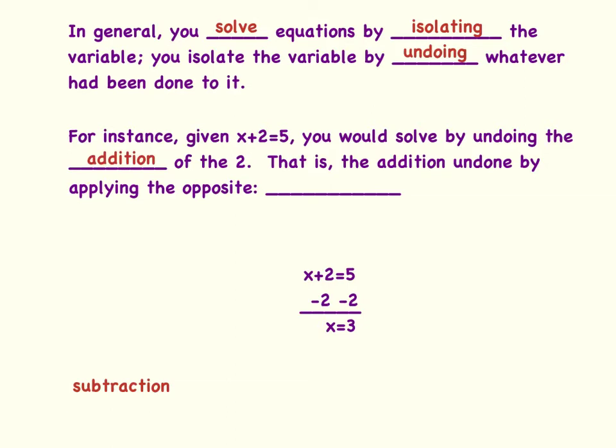That is, the addition will be undone by applying the opposite, which is subtraction. So if you look right here, we have x plus 2 equals 5, and we are going to undo the addition of 2 by subtracting it. And when we subtract 2 from both sides, we have x equals 3.